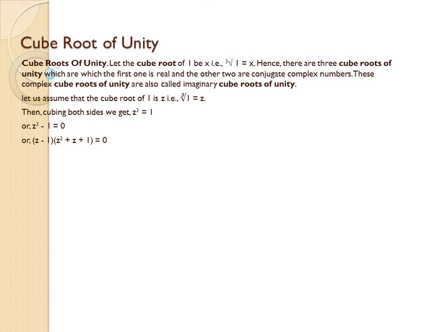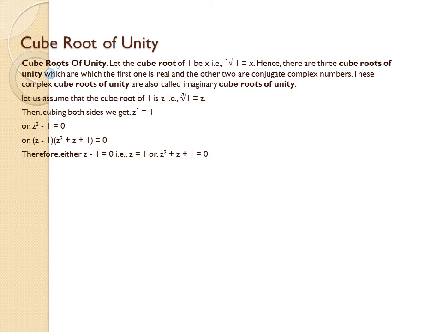If the product of two terms is 0, then either of them is 0. So either z minus 1 equals 0, that is z equals 1, or z squared plus z plus 1 equals 0. That is a quadratic equation equivalent to ax squared plus bx plus c equals 0, and I know the roots of a quadratic equation are minus b plus minus root over b squared minus 4ac by 2a.